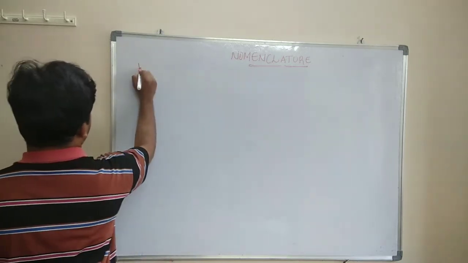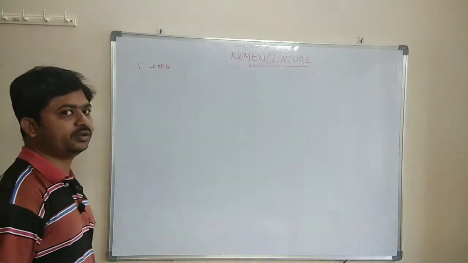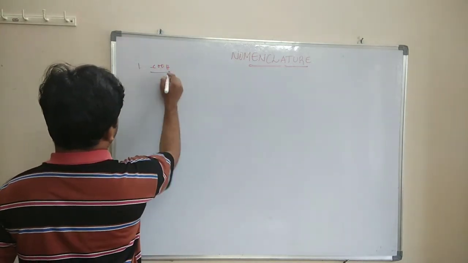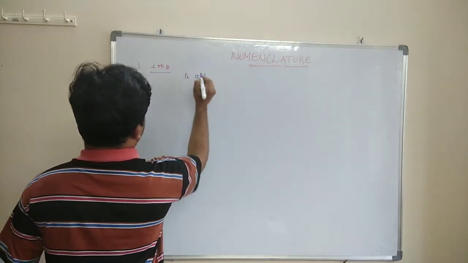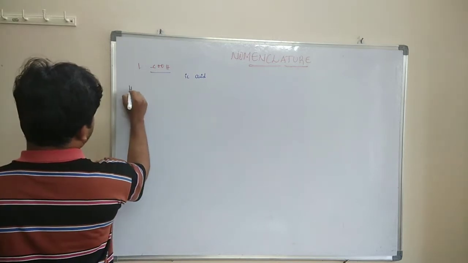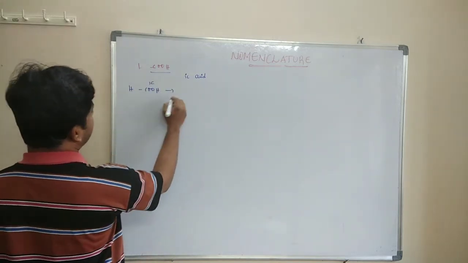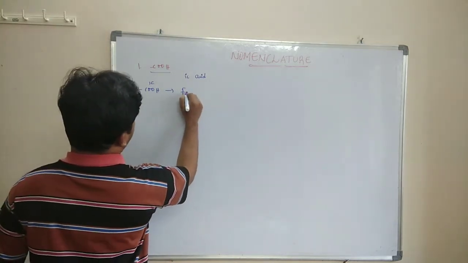First I am taking COOH. COOH is the functional group, having the suffix ic acid. If HCOOH is the structure, it has only one carbon, so the word root is form.